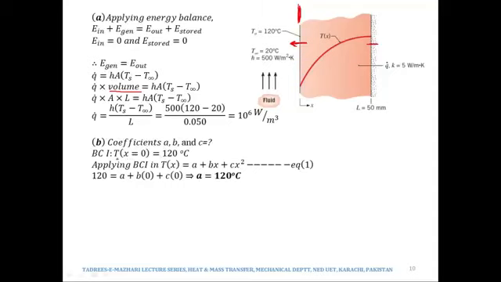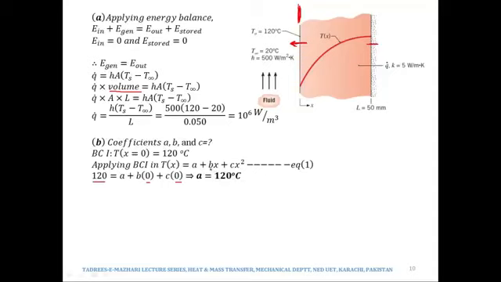So if we apply this boundary condition in the temperature distribution expression, A plus Bx plus Cx square, we are saying that at x equal to 0, wherever we see an x we will put 0, and the temperature is 120, so the left hand side would be 120, so we get A as 120, and the units of A would be the same as temperature.